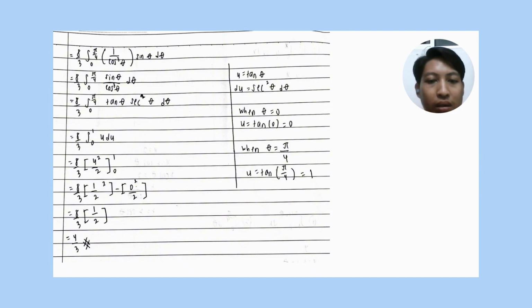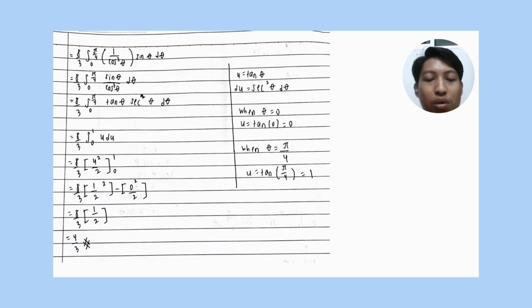Okay. To solve the outer integral, we rewrite secant to the power of 3 theta sin theta as sin theta over cos to the power of 3 theta, which can be simplified neatly into tangent theta secant squared theta. We can easily solve this using u substitution.